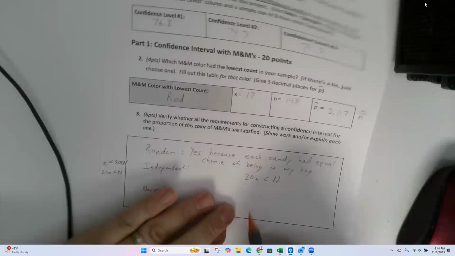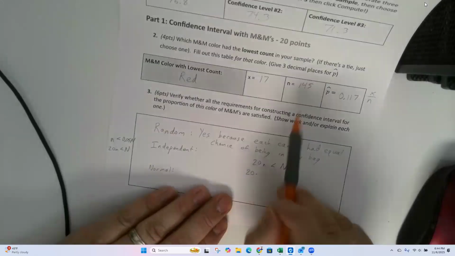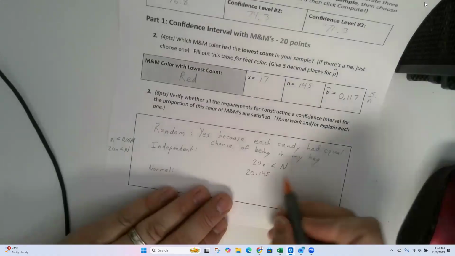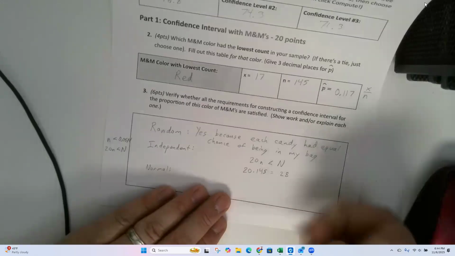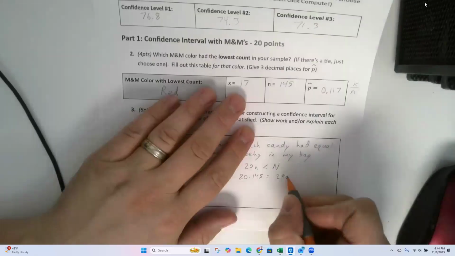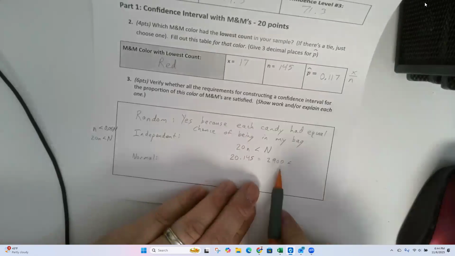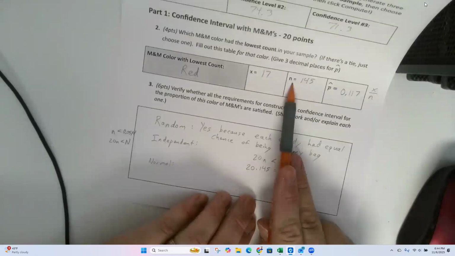So, all right, 20 times my n was 145. That in your calculator is 2900. Is that less than N? Well, what is capital N? My lowercase n is the sample size.